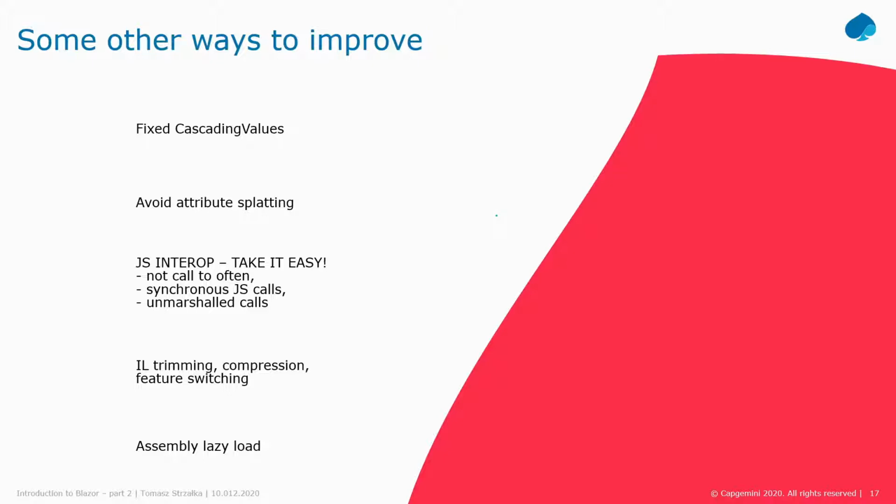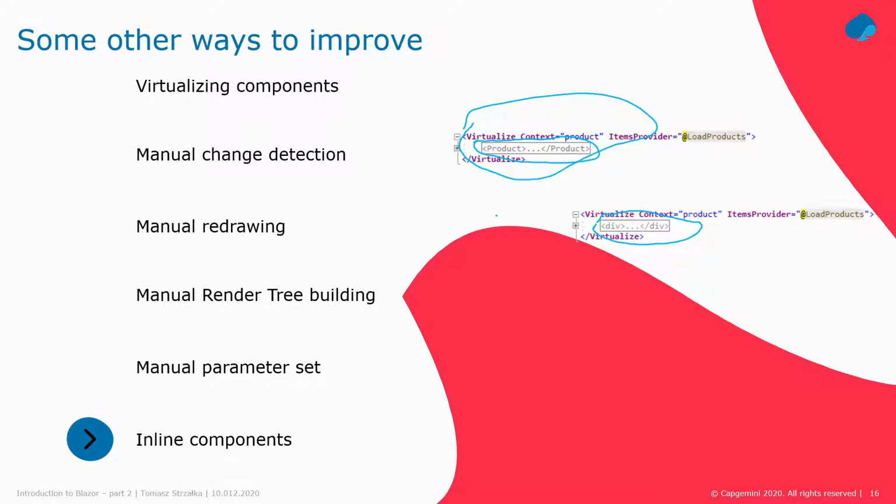Of course, the list of what we can do to boost performance is longer than that, but those that I have presented are the most recommended ways to squeeze out some more performance.